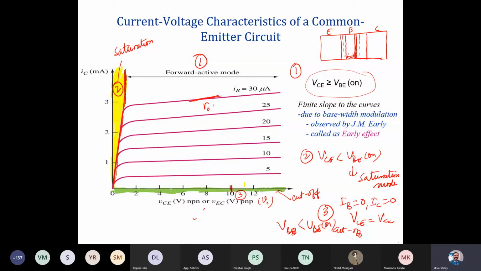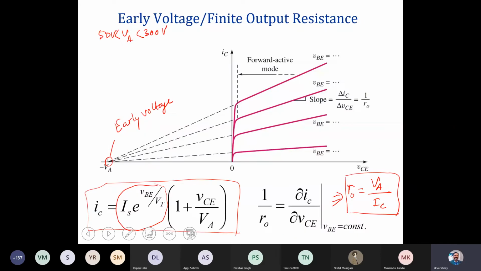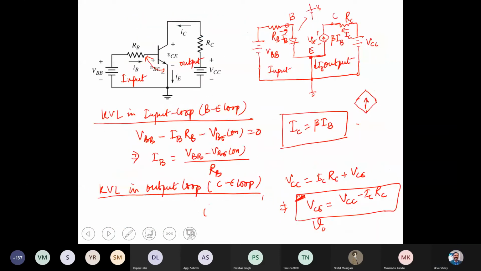If we assume some numbers for this, let's consider 4 volt for the battery. Can you find it out quickly?